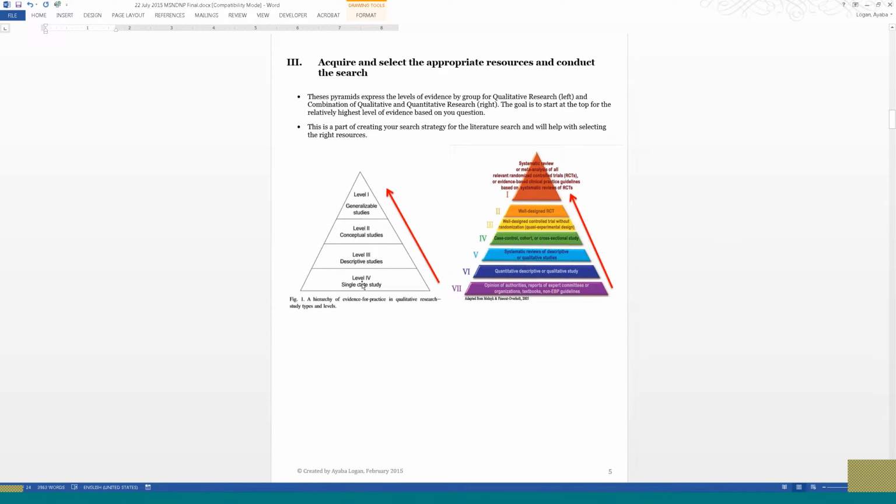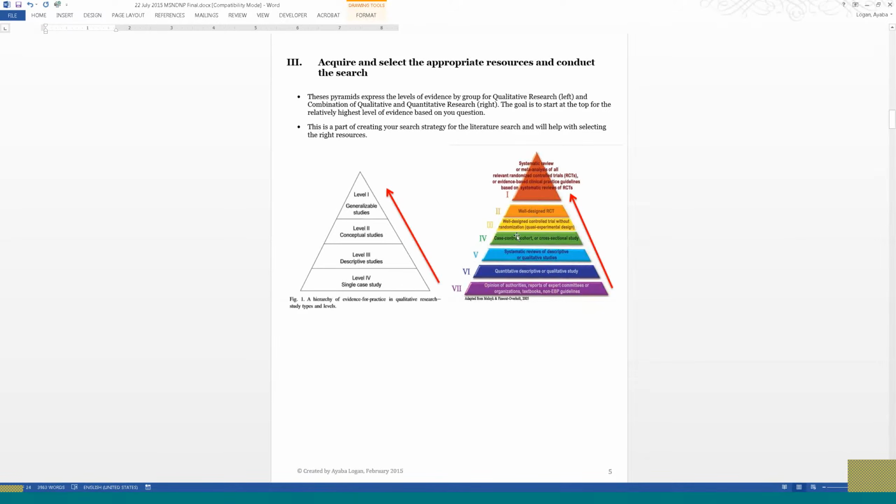And you should be able to gather that kind of information from the articles. Remember, not all published research is well written, and so you might struggle with figuring out if this is a single case study, a descriptive study, a conceptual study, or a generalizable study when it comes to qualitative research as well as quantitative research.